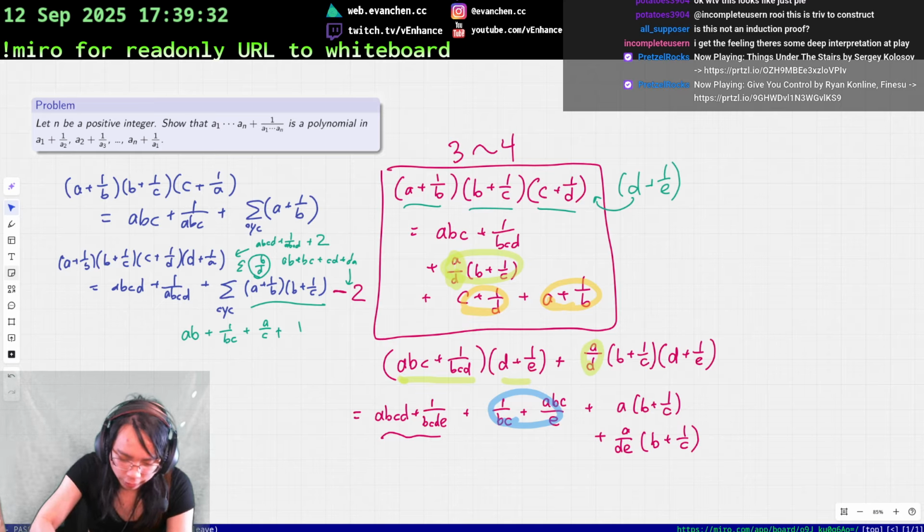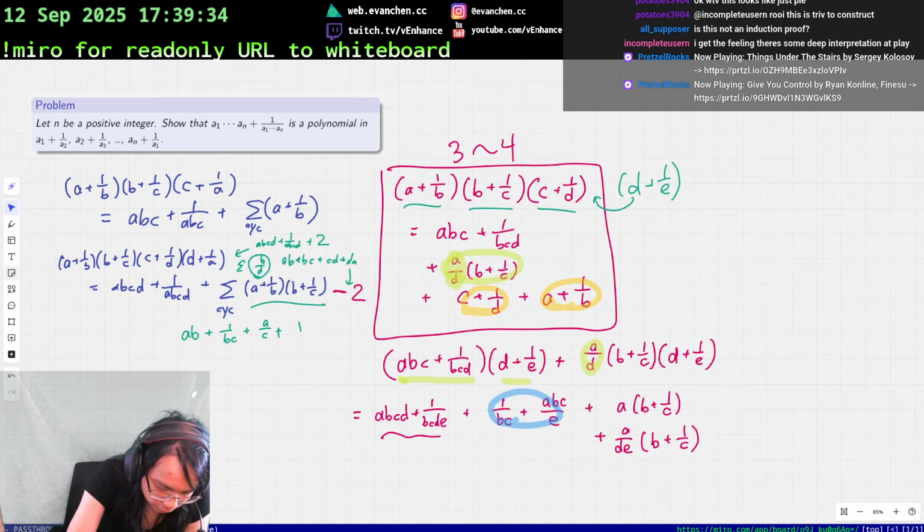Huh. Let me keep pushing. I still don't think this will work, but it's working a little better than I thought it would. The red stuff is still there. That's the stuff I want to keep.